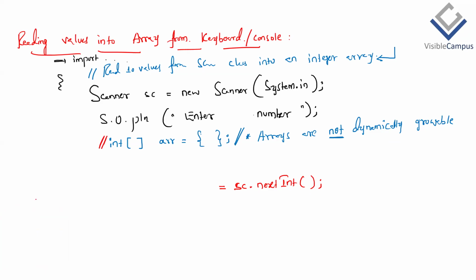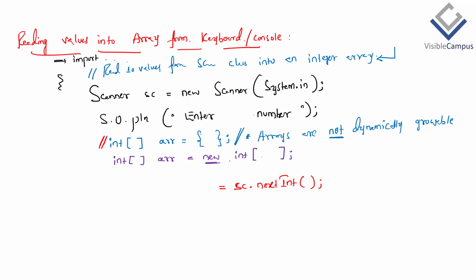Then what is the next type of syntax that we can use for arrays? That is int[] arr equals new int, with square brackets here. Previously it was curly braces, but for declaring empty arrays we have to use the new keyword.